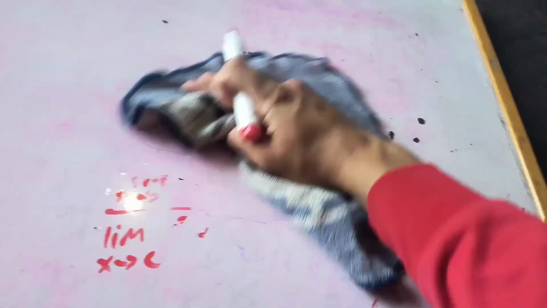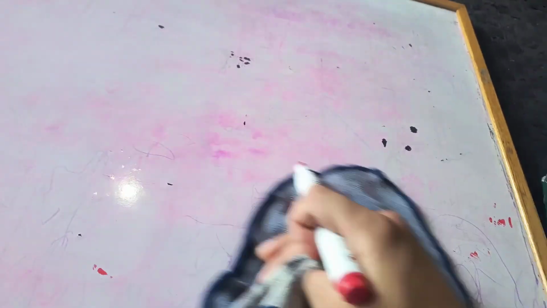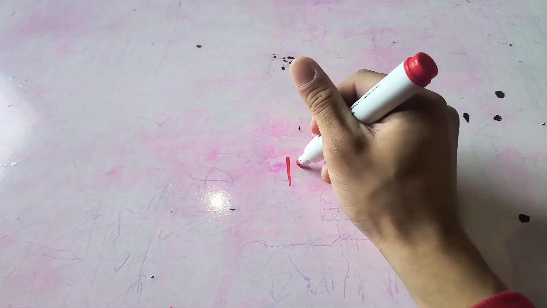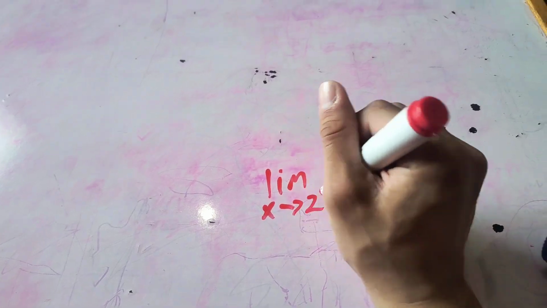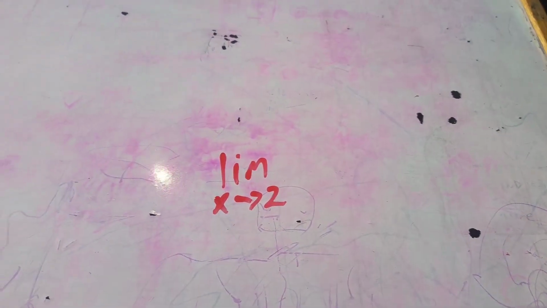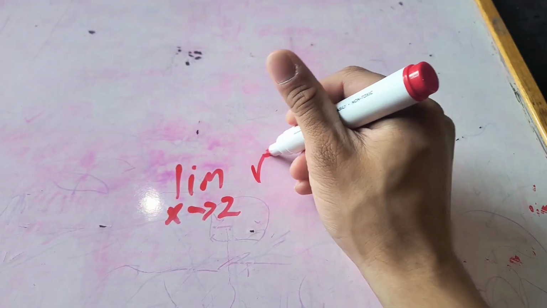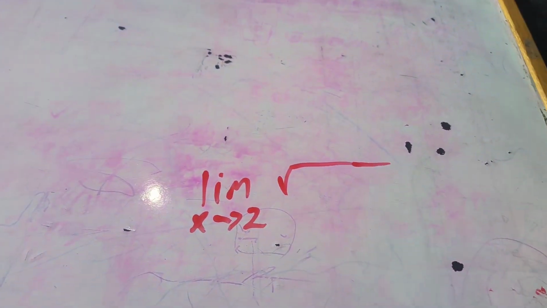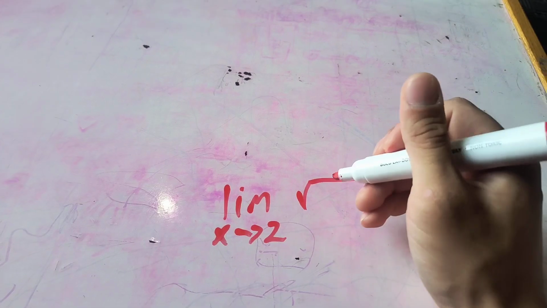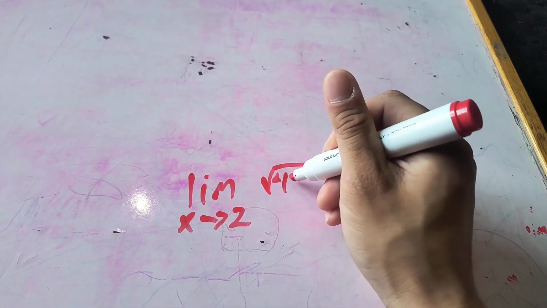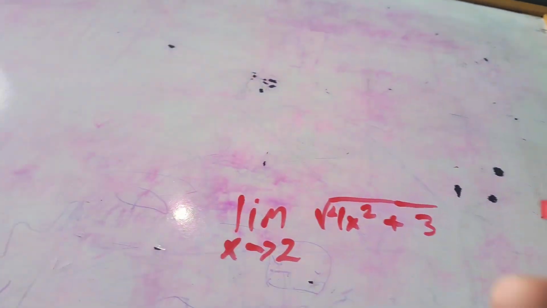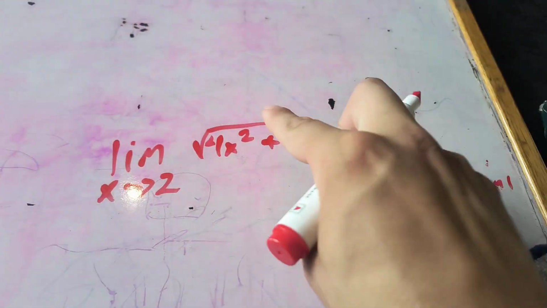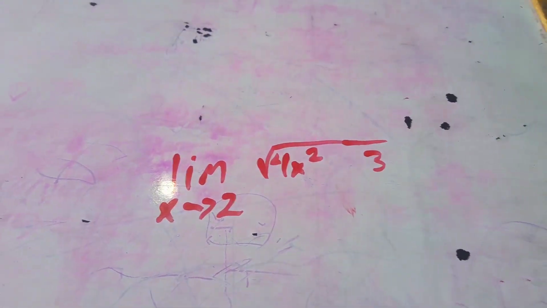Okay, now what about the limit of an actual function? What about the limit as x approaches a number like 2 for a function like the square root of 4x to the power of 2 minus 3?